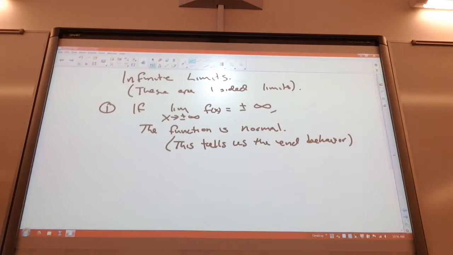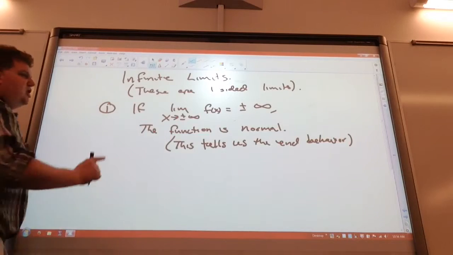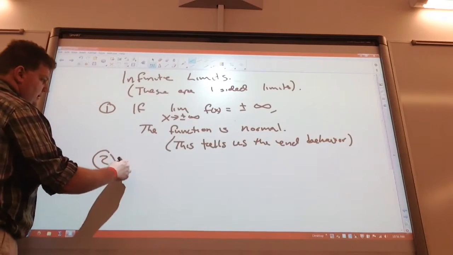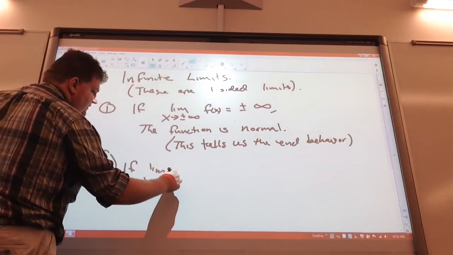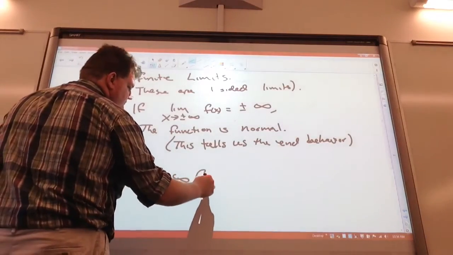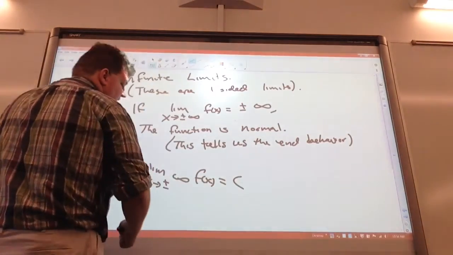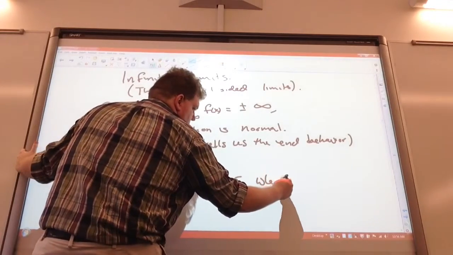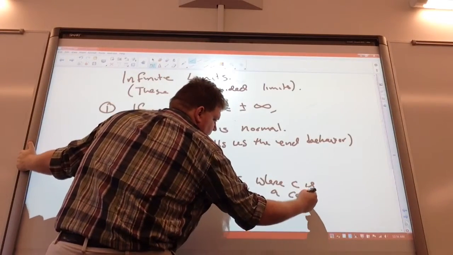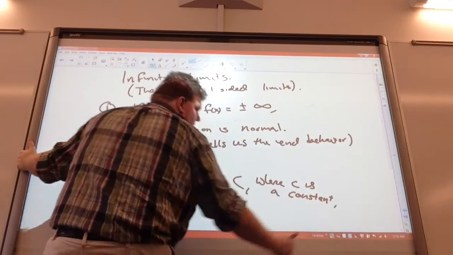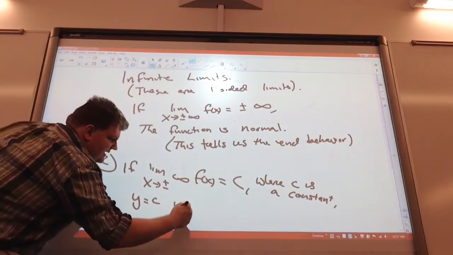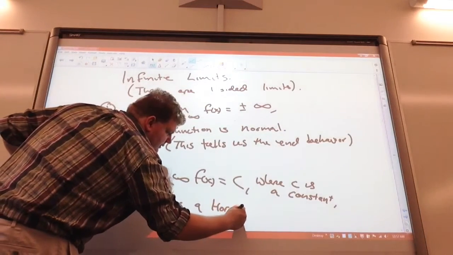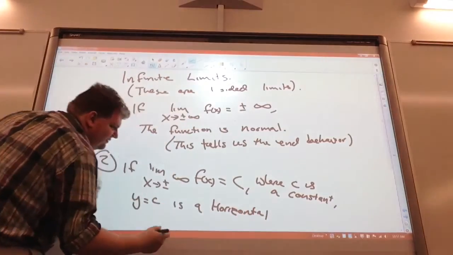Okay? Where infinite limits are really useful is when it's equal to a constant instead. That is, if the limit as x goes to plus or minus infinity of f of x is equal to some constant c, what that tells me is that y equals c is a horizontal asymptote.